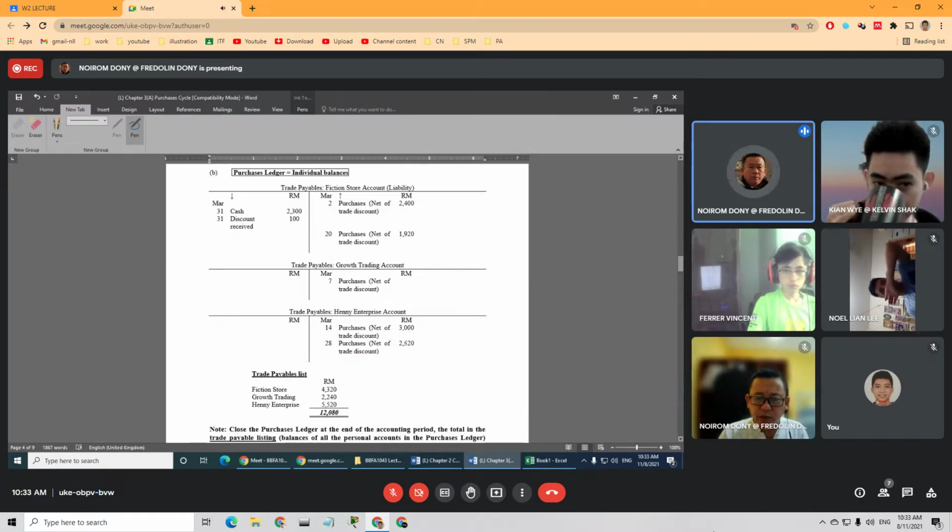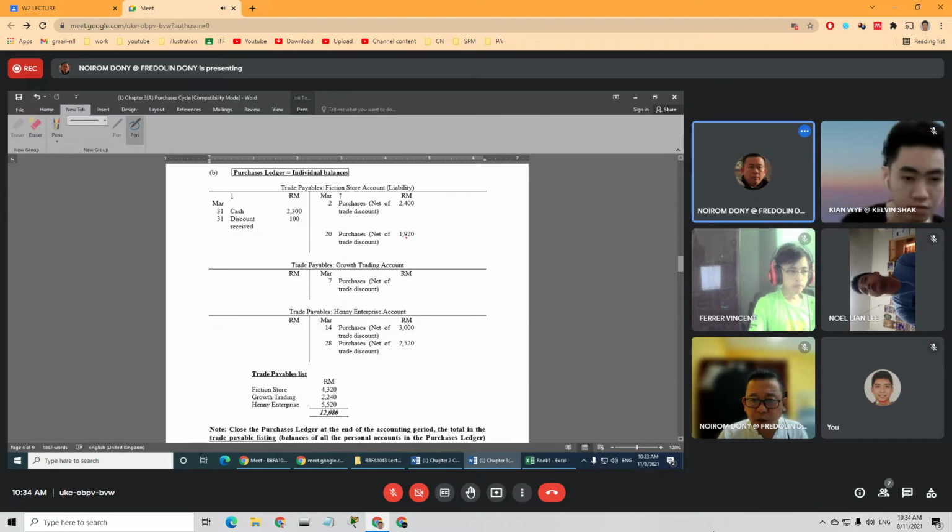So 3,000 and 2,520. Now in the purchases ledger, at the end of the month, what we do is a trade payable listing, taking into account each individual account. Fiction Store, this one is 2,400 plus 1,920, which is 4,320.